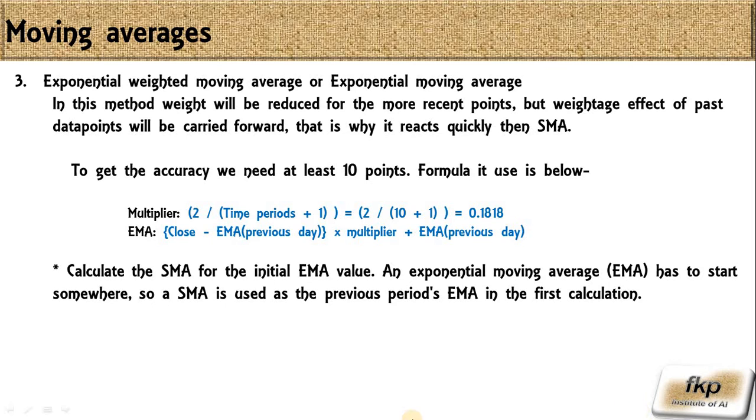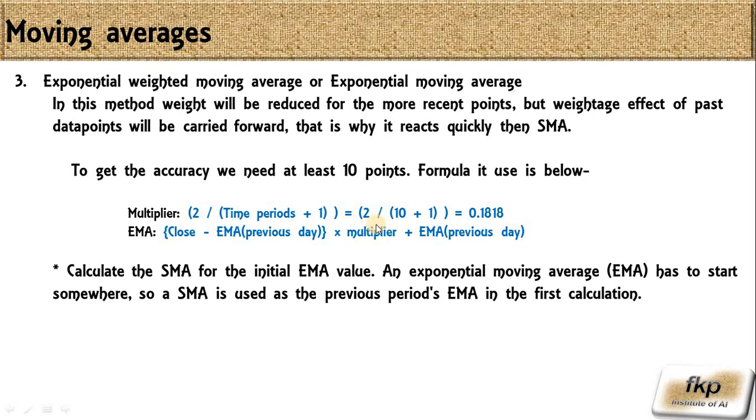Here the formula it uses is this one: 2 divided by... this is close, this is the current data point value minus the exponential moving average of the previous value, into the multiplier, plus the previous exponential moving average value.